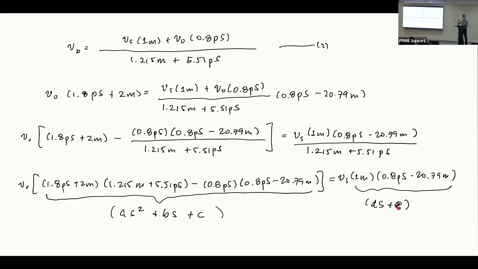Okay. So if you take a look at V sub O over V sub S, what do I have? I'm going to get something like DS plus E over AS squared plus BS plus C. What is this? This is a one-zero, two-pole system, right?